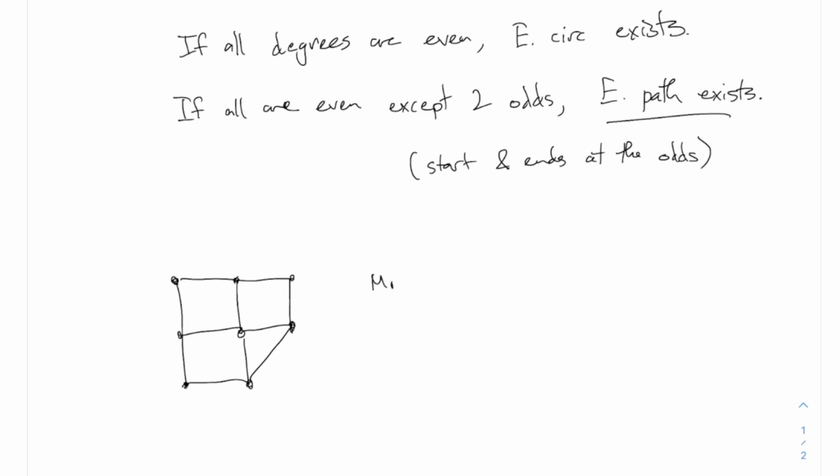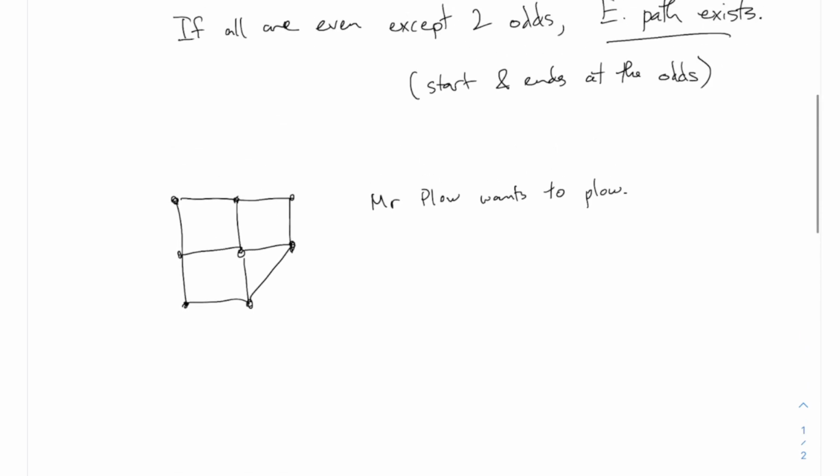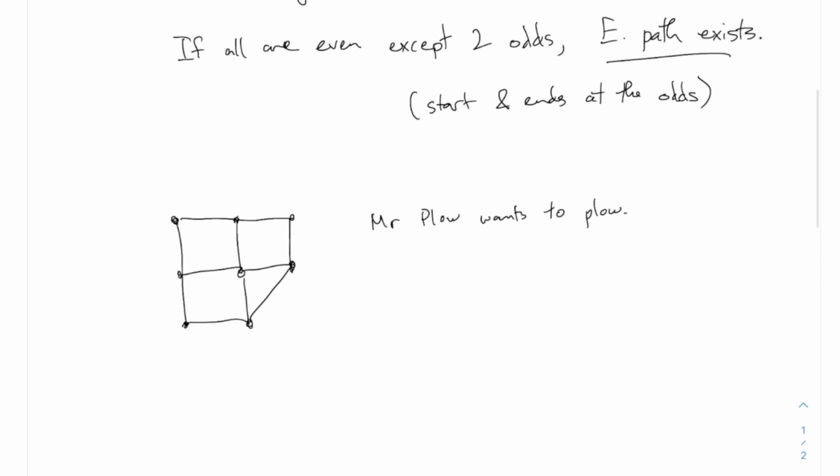How about that? Mr. Plow wants to plow the streets. That's what he does, right? So the question is, I don't know where he's going to start or whatever. Is it possible to go down each street once and end up where you started?